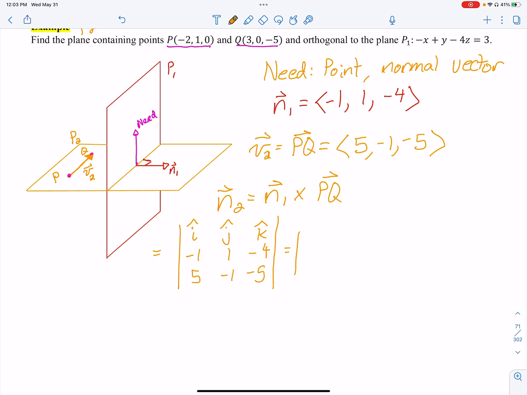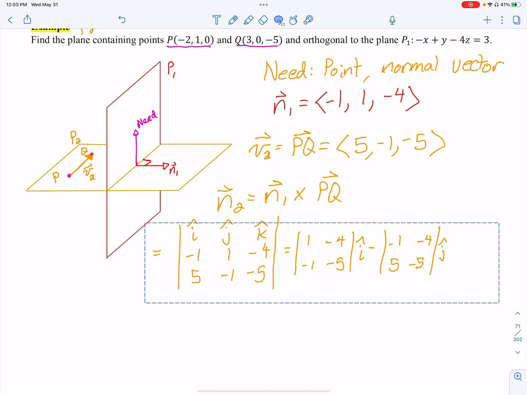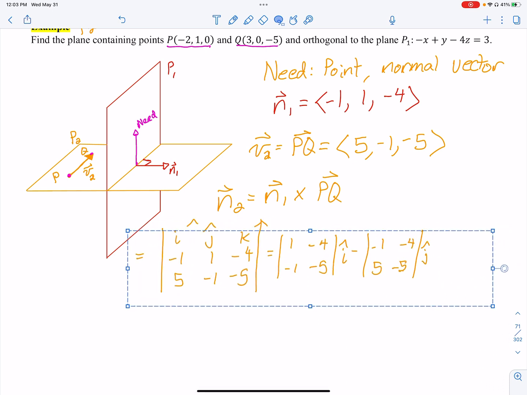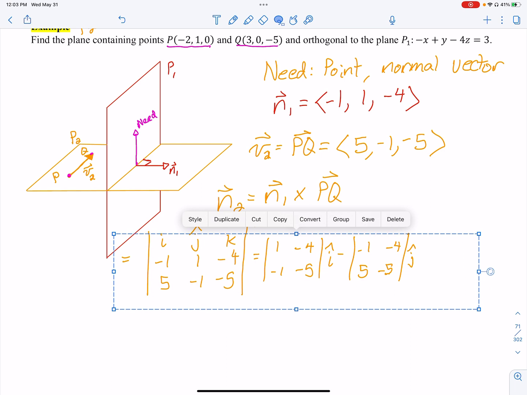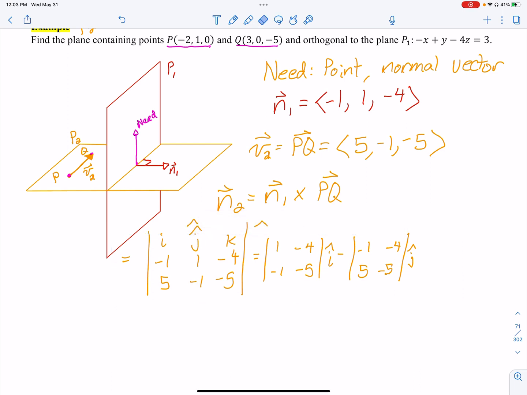All right, cover up your I column. You got 1, -1, -4, -5, I. Minus, cover up the J column. Get those, J. And then the last one, let me scoot this over so I'm not at the edge of my iPad. My hats didn't move. There we go. All right, plus, cover up the K column.